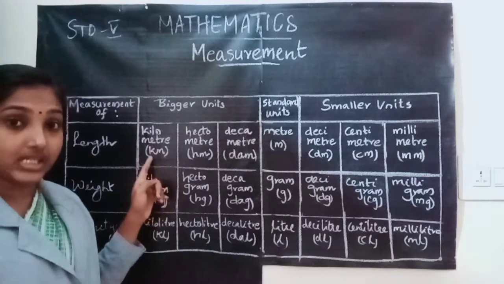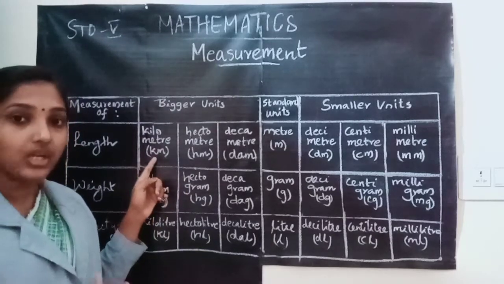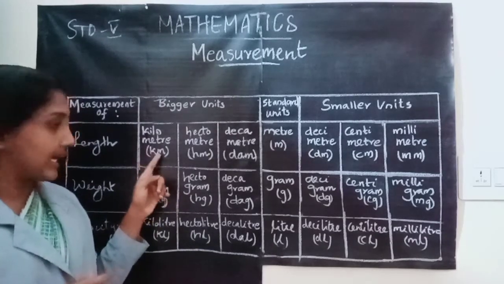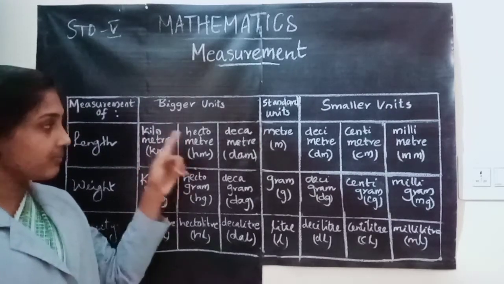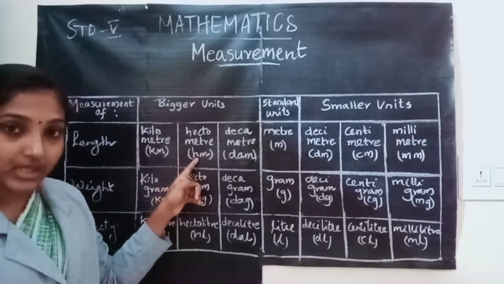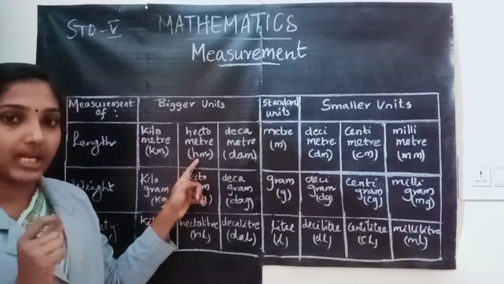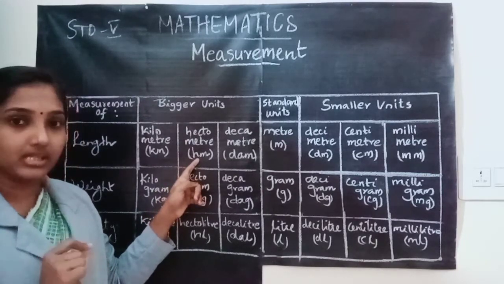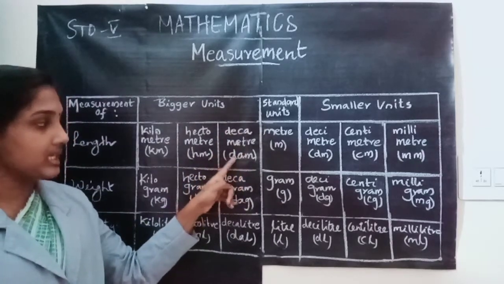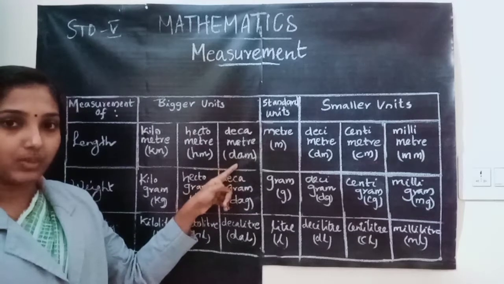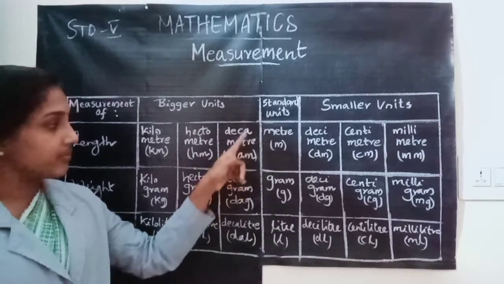It's kilometer and we represent it in short as km, small letters K and M. Then comes hectometer, represented by HM, small letters H and M. Then decameter, in short we write it as DAM.